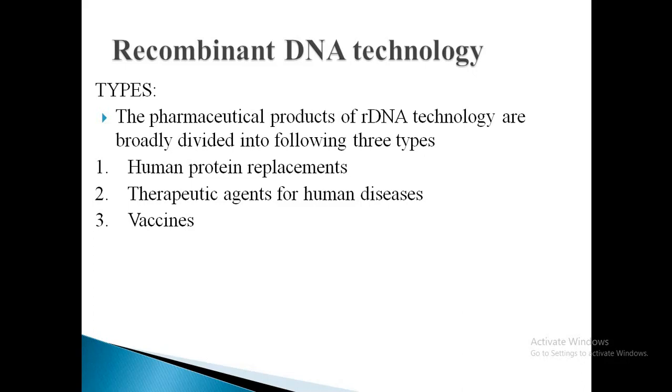So we will be able to produce human protein replacements to treat protein deficiency conditions and protein disorders. There are therapeutic agents which can also be produced using recombinant DNA technology to treat various human diseases. And there are vaccines that can also be produced through recombinant DNA technology to prevent many infectious diseases.